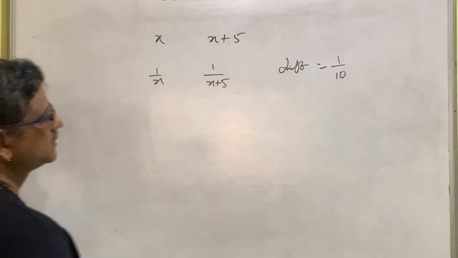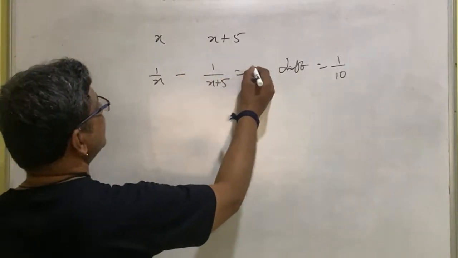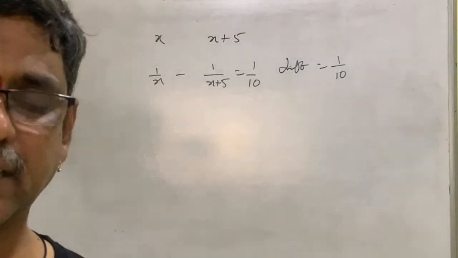1 by x minus 1 by x plus 5 is 1 by 10. It is minus, not plus, Lohitaj. It is not plus. Difference, na?